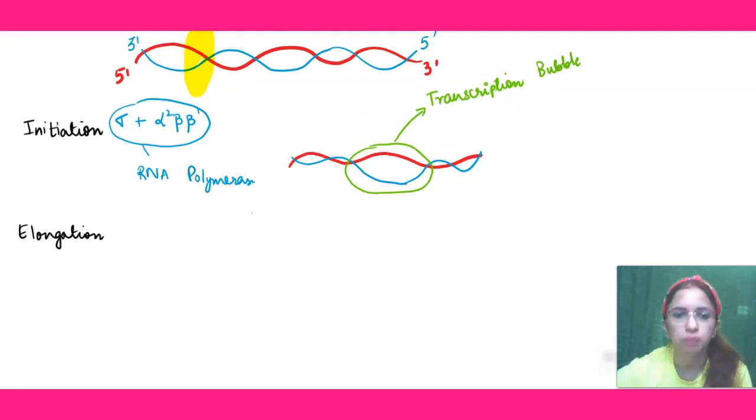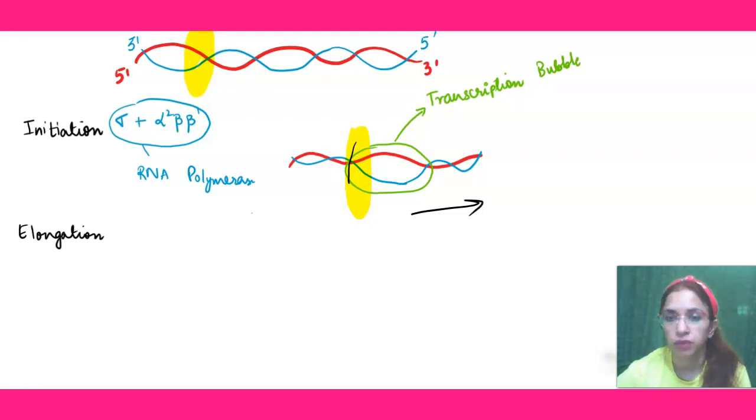So the RNA polymerase, shown to you by the yellow color, will move towards the 3' end, towards this side it is going to move. And which strand will be used this time?